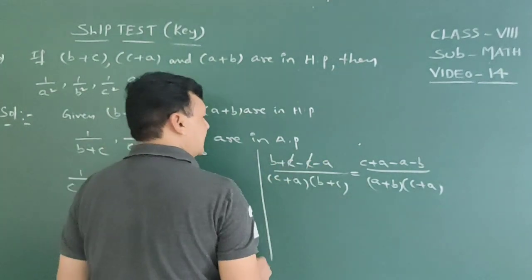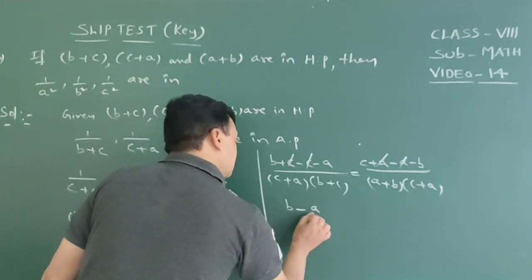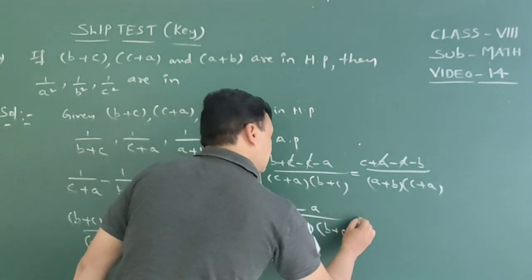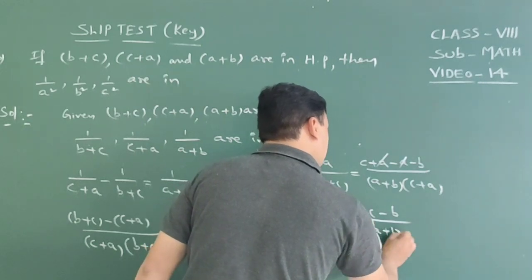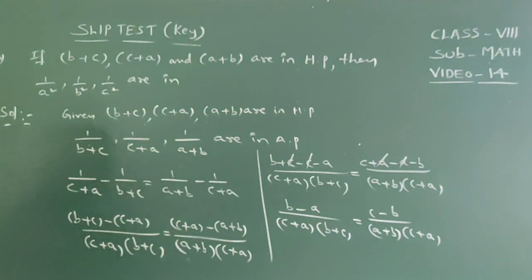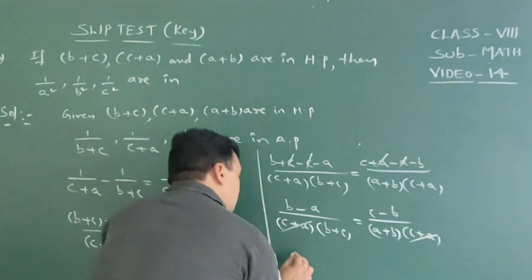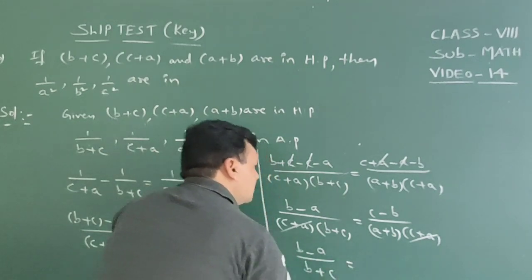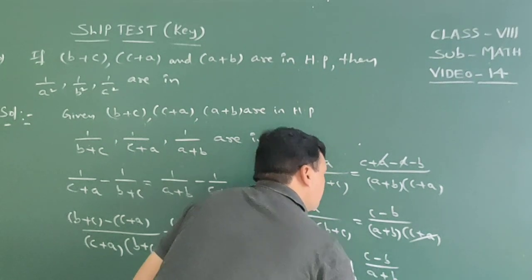Here c gets cancelled, here a gets cancelled: b minus a by c plus a into b plus c equals c minus b by a plus b into c plus a. If you observe, c plus a and c plus a are in product form, that's why b minus a by b plus c equals c minus b by a plus b.